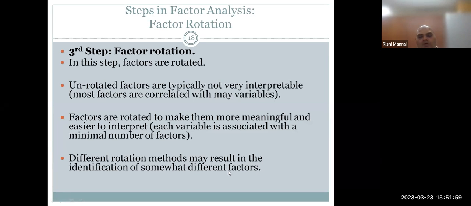So when you perform the factor analysis, you also do the rotation of the factors. Rotation of the factors means that each item is tried and checked with each factor, and we try to find out whether they are correlated with them or not. If the correlation is good, then you will get a factor loading, and if the correlation is bad, we will not get good factor loading. Actually, we should not get the factor loading with all the factors.